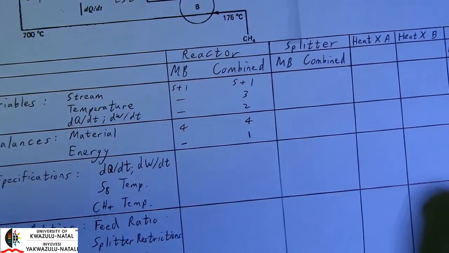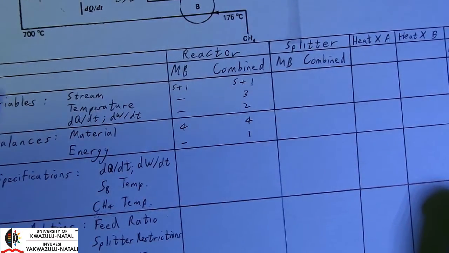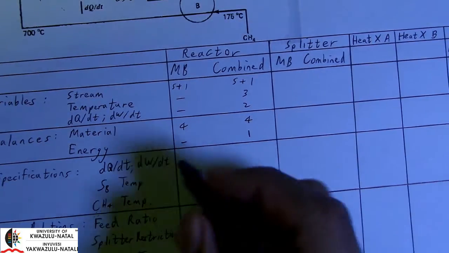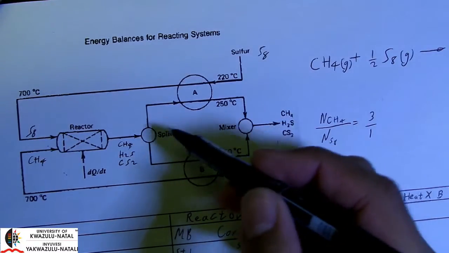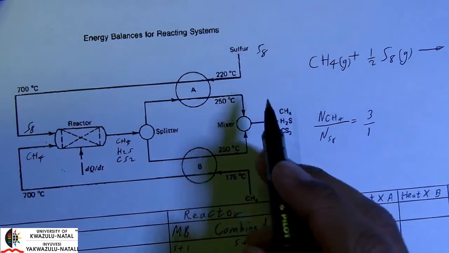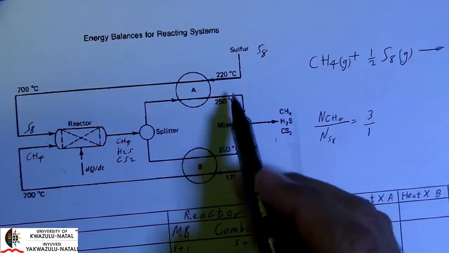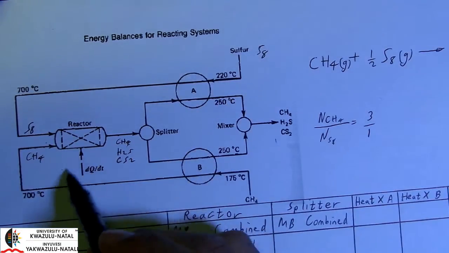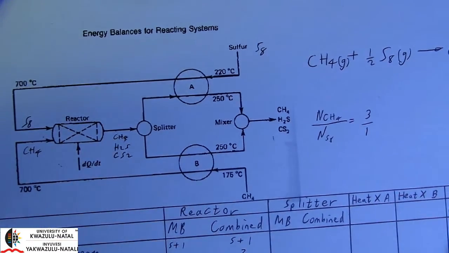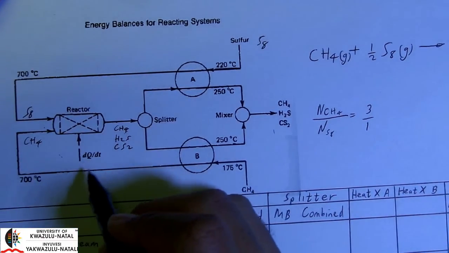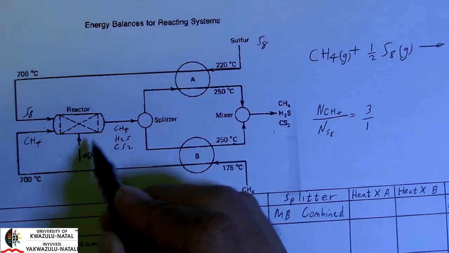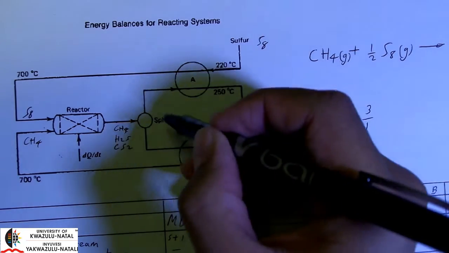Okay, now let's look at our number of specifications. There are no composition specifications and there are no flow specifications. So the only specifications that we have been given are that of temperature and perhaps our dQ/dt and dW/dt, which we could assume, well, in the case of the reactor has a value, but we could assume is 0 for the other units.